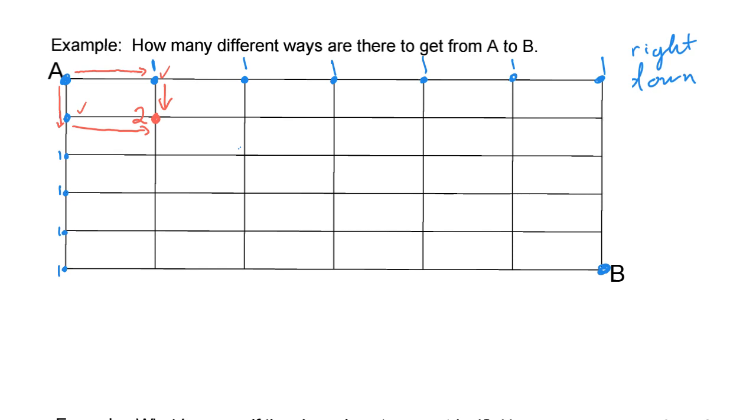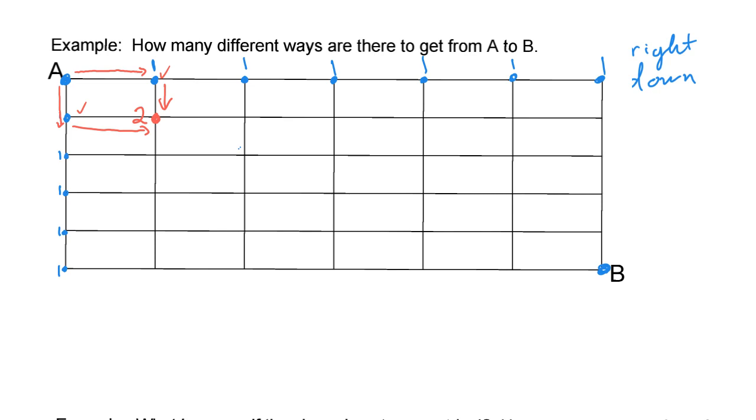In order to get to this green dot right here, let's see what would happen. There's one path to get there. Now we have to go right and then down and then across. That's another path to get there. And then down and then all the way across. And that works. Oh my goodness. So there's only 3 possibilities to get to that spot. And you'll notice that 1 plus 2 gives us 3, doesn't it?